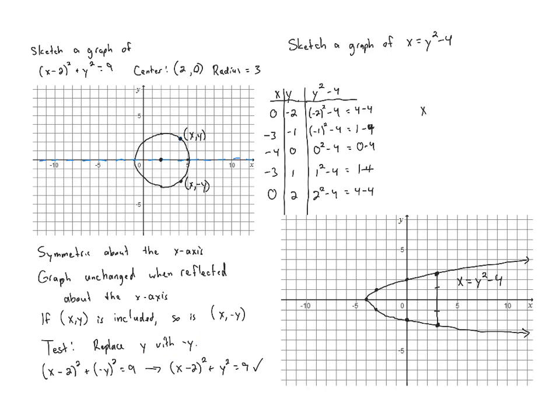And if we do that, we've got x equals (-y) quantity squared minus 4. And a negative times a negative gives us a positive, so that's going to be +y squared minus 4. And we can see that this new equation is equivalent to the original one, so we know that this will have symmetry with respect to the x-axis.